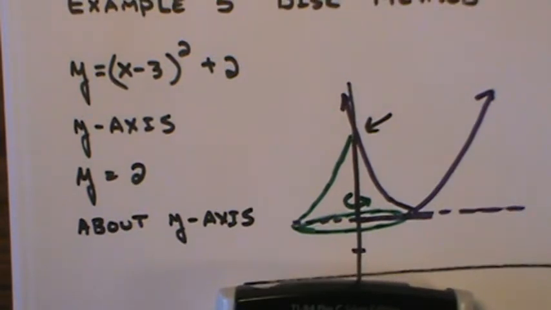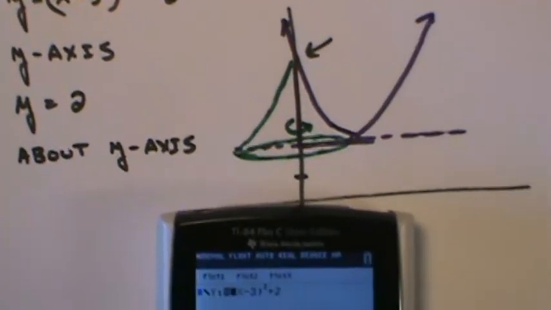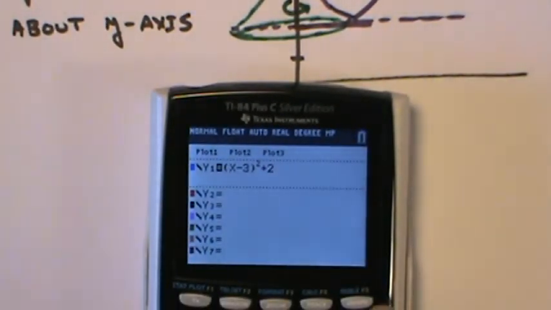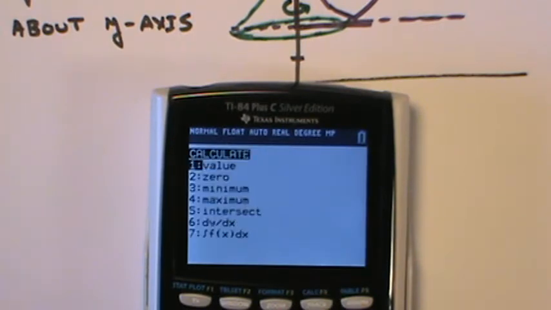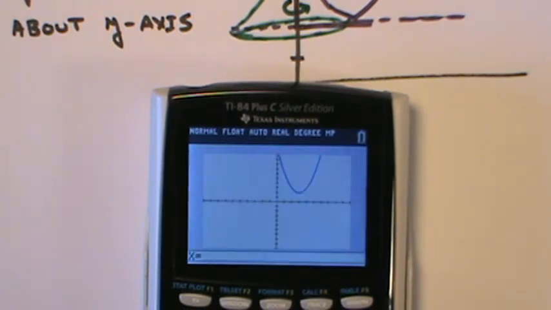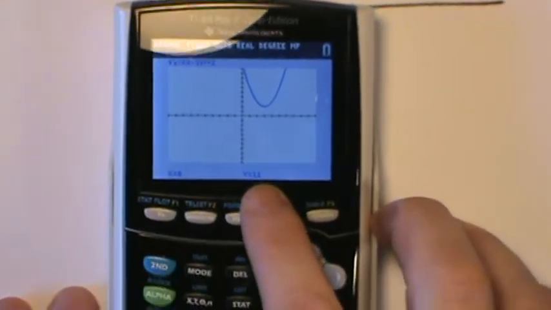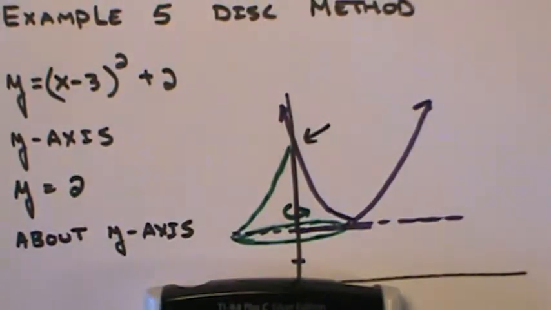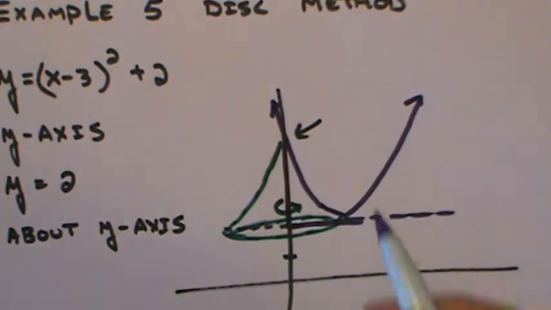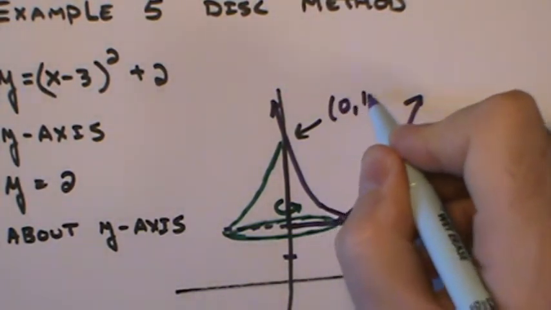One simple way of doing that, I'm going to go second calc, and I just want to figure out what the value is at x equals 0. It tells me that my function has a value of 11. So in other words, this point here is (0, 11).